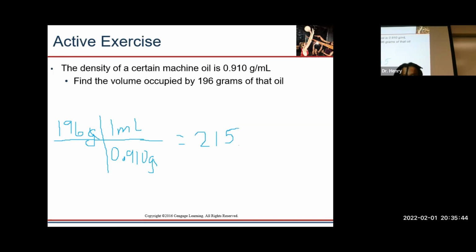How many sig figs should I have? 3 sig figs, so 215 works because our number following that would be a 3. So the answer is 215.